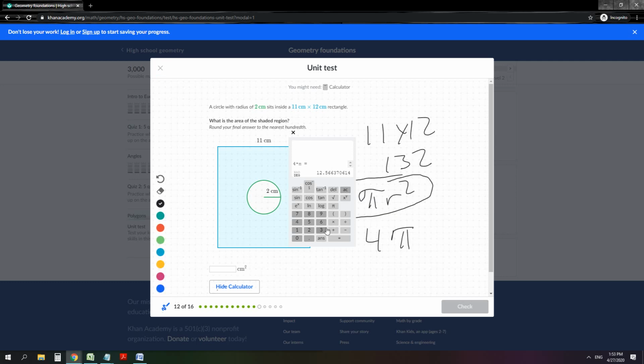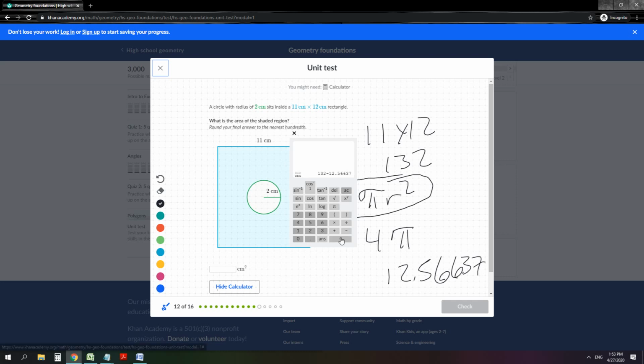Okay? So we have 132 minus, let's write this 12.566 off to the side. I'm even tempted to write the 37. All right, so let's do that. Let's clear this. And we're going to do 132 minus 12.56637.